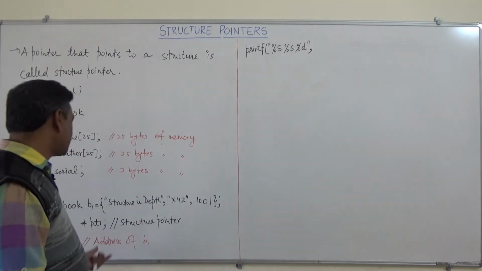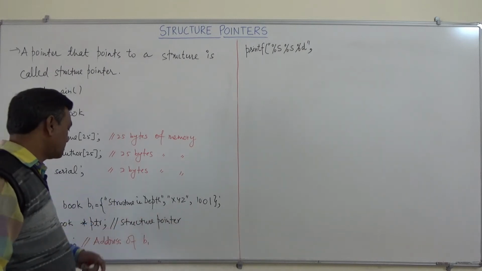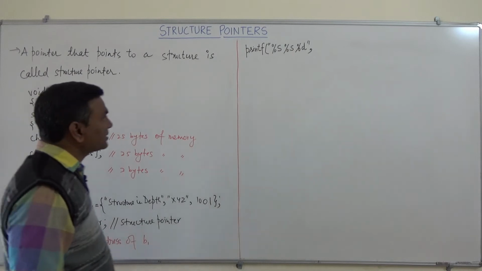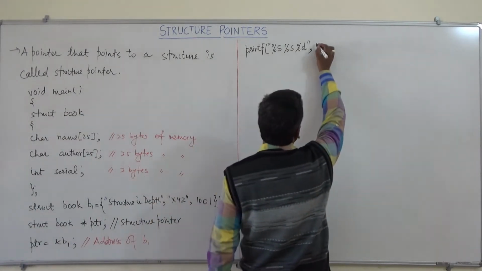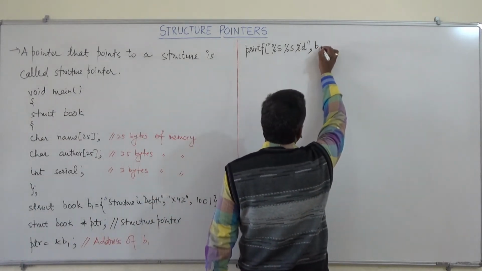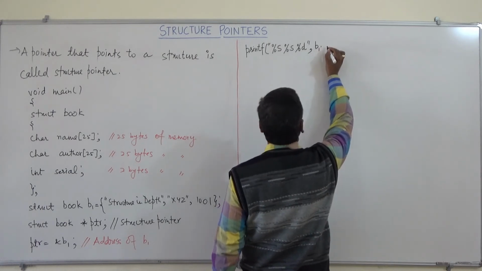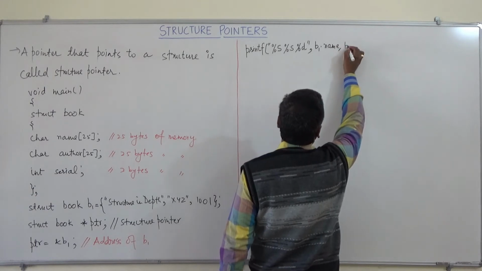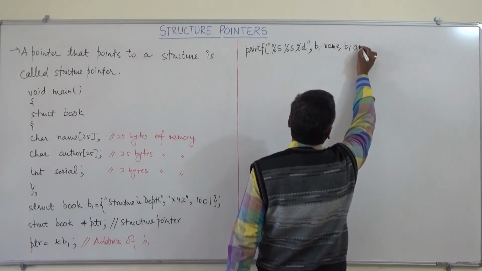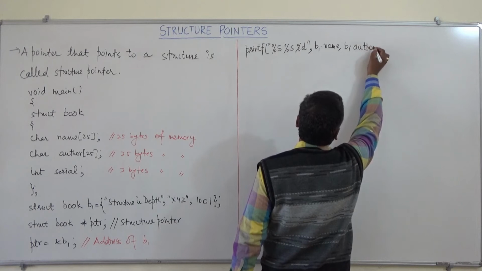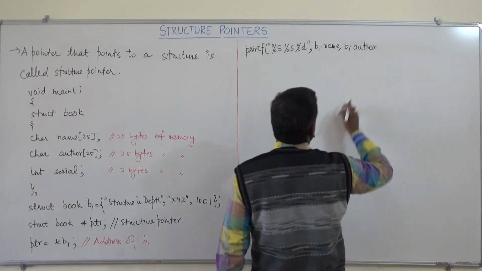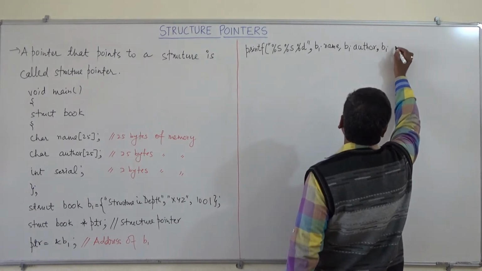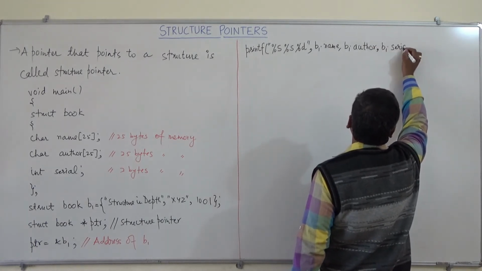Now we wish to access these values, so we will use the structure variable b1: b1 dot name, b1 dot author, and b1 dot serial.